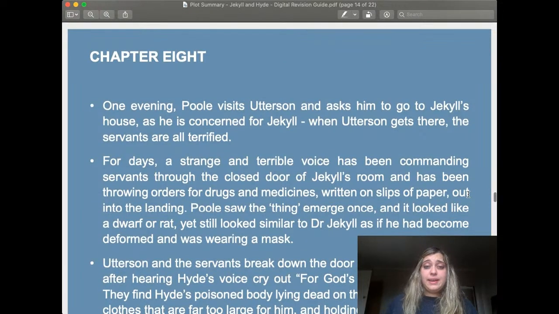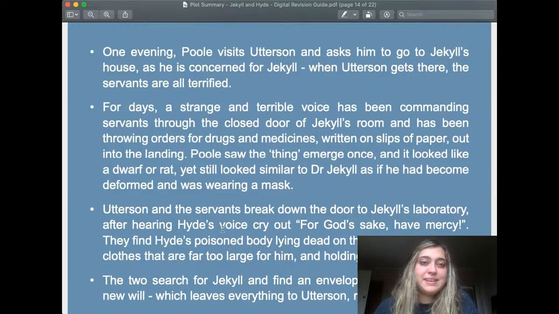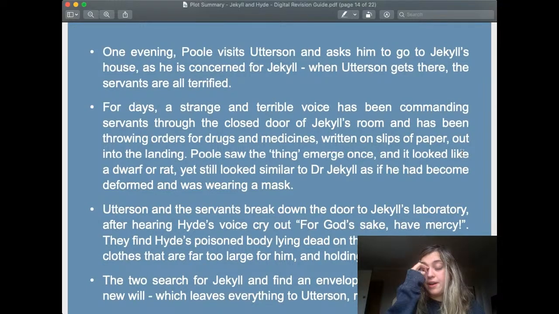Yeah, so getting towards the end now of the structure. This one's a very dramatic chapter 8. Poole, the servant, is so concerned for Jekyll that he actually goes and asks Utterson to help him.